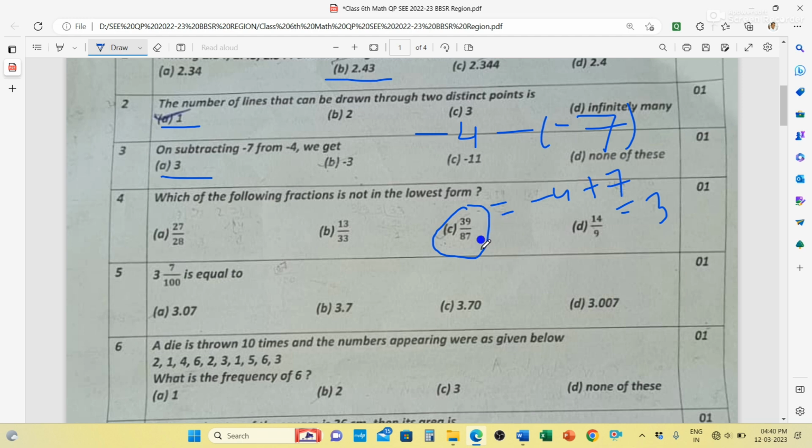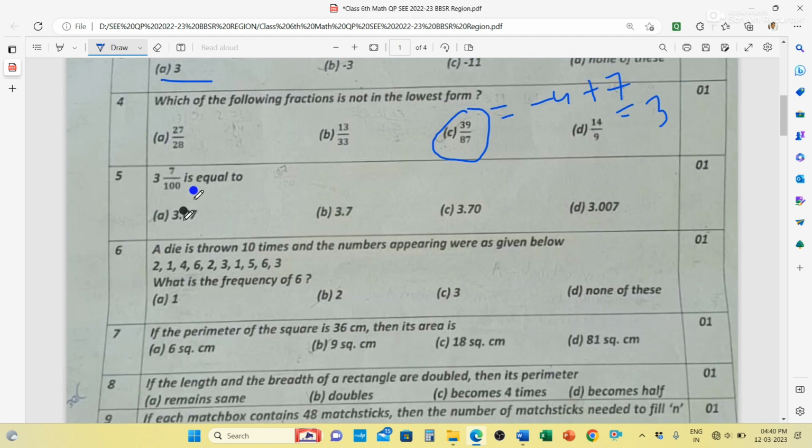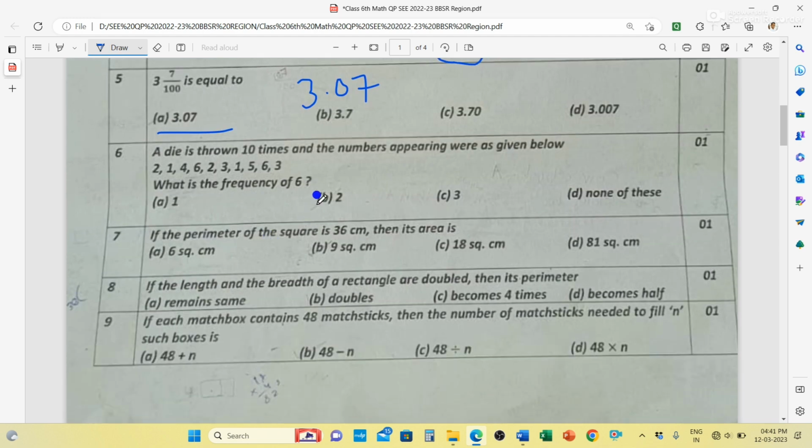So this is not the lowest form. Then 3 whole 7 by 100 is equal to 3.07. Option A.